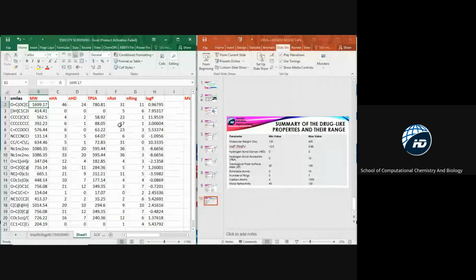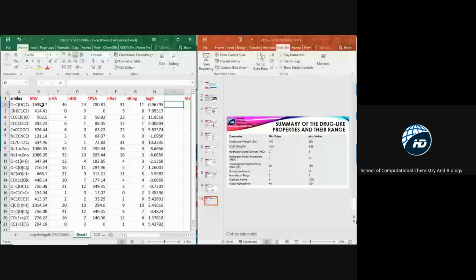We write a function that will read our molar weight and tell us if this value is between 150 and 600, based on the range for molar weight. If it is within that range, it will tell us yes by saying 1. But if it is not within that range, then it will say 0.